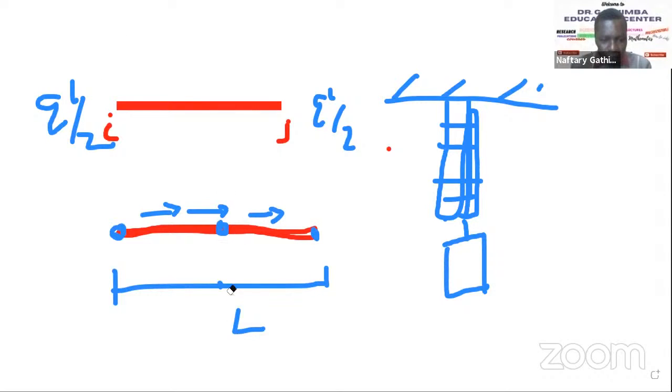Now in this case, of course, the same thing applies. Half of this will be carried in this node, and this half will be carried in this node. Of course, we are assuming this is not L, you can take it in any way.